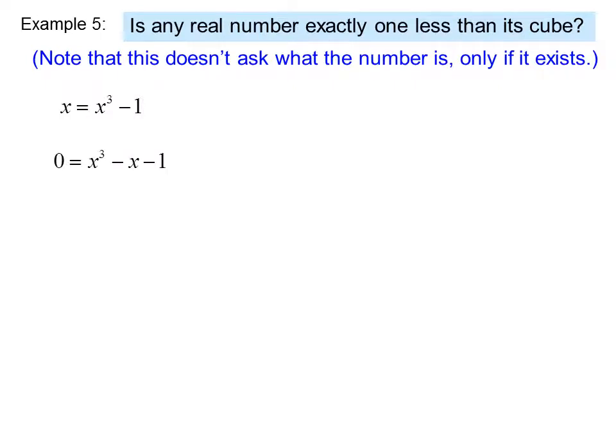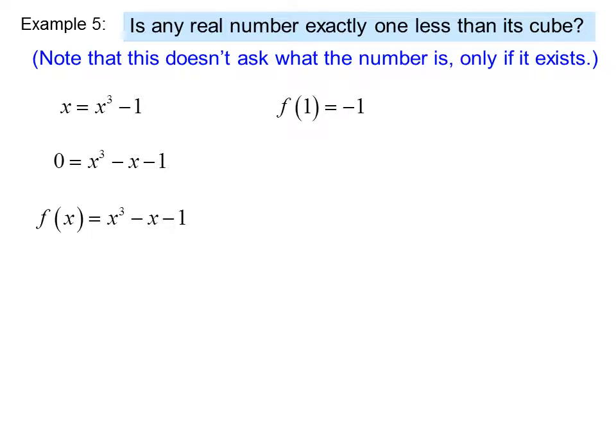If we subtract x from both sides, then we get 0 equals x cubed minus x minus 1. And we could rewrite that as a function. F of x equals x cubed minus x minus 1. And what we want to know is, can we choose a value of x for which f of x will be equal to 0?